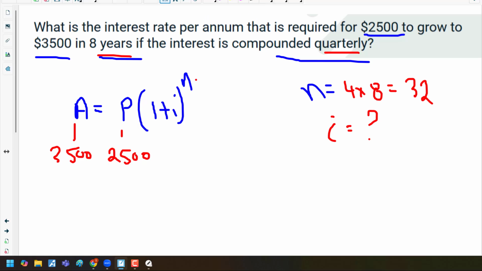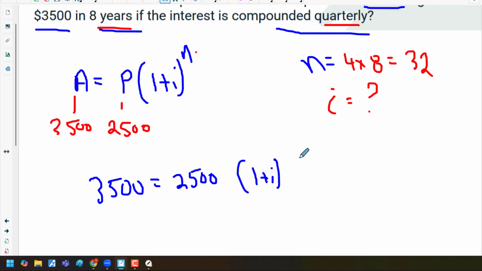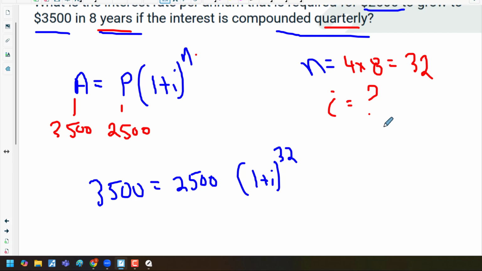So let's plug in all the numbers and see if we can figure it out. 3,500 here, 2,500 here, 1 plus i, and then the exponent is 32, because compounded quarterly, that's 4 times a year, and then it's 8 years.